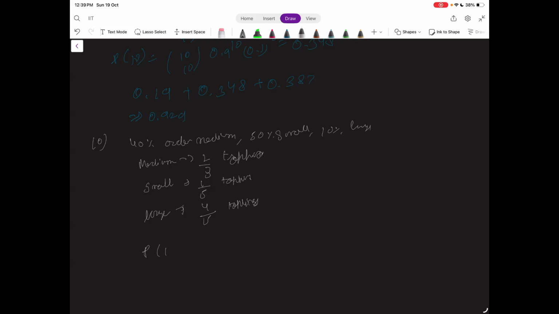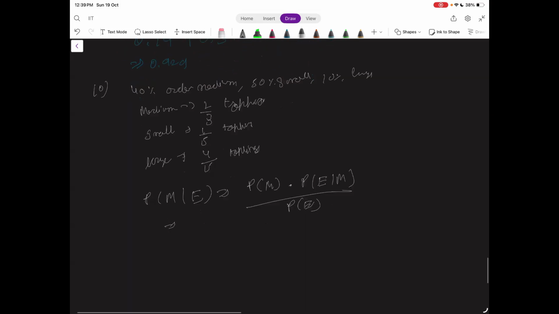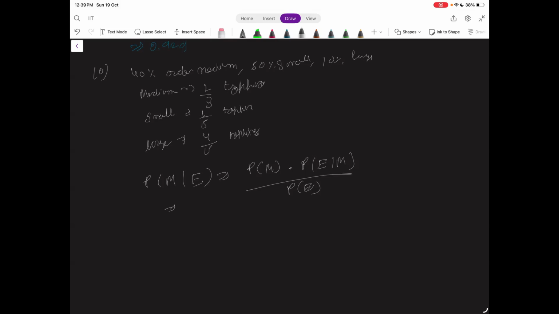The probability of medium given that they asked for extra toppings, you're going to use Bayes' rule. Probability of medium times probability of extra given medium over probability of extra. This is Bayes' principle. So your answer is going to be very straightforward.